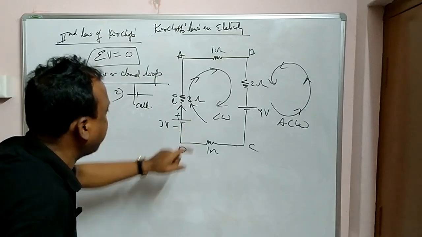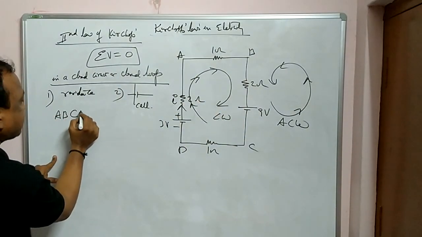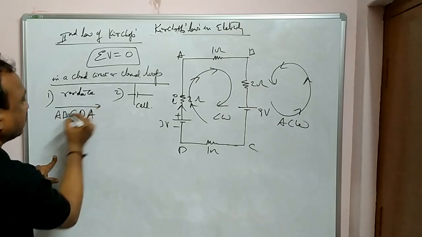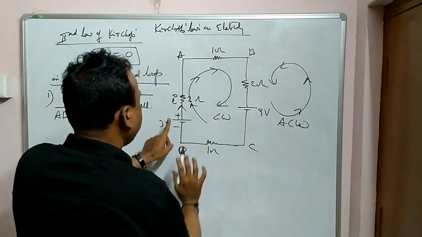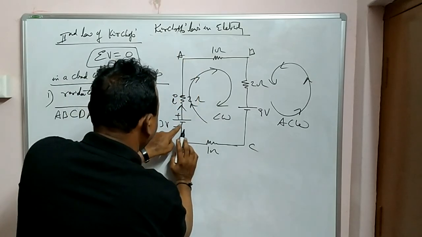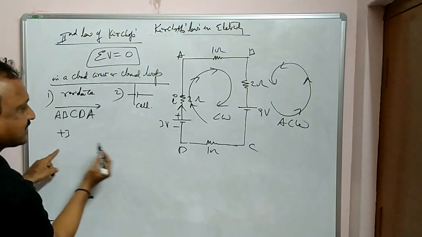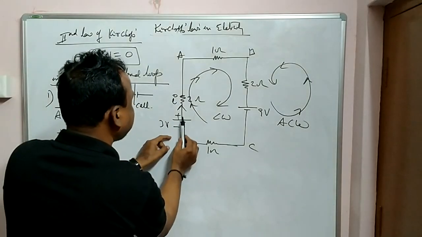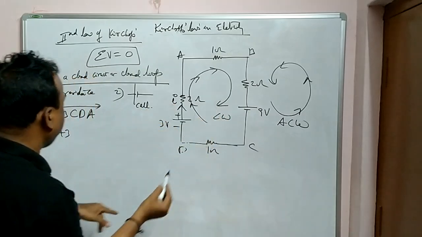For example, we will put it here. A, B, C, D, A. Closed loop. So I am following this path clockwise, that means along the direction of current. So for the cell, what happens? Minus to plus, plus. Now I am going along the direction of current, so there will be a voltage drop.